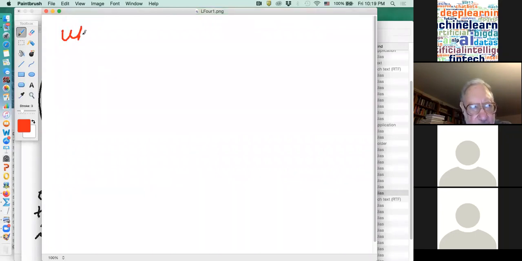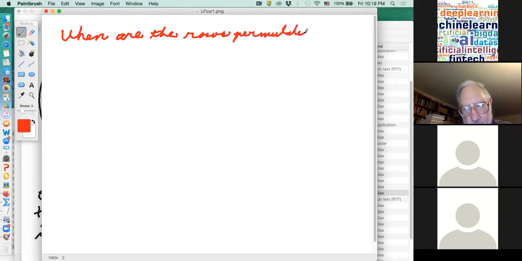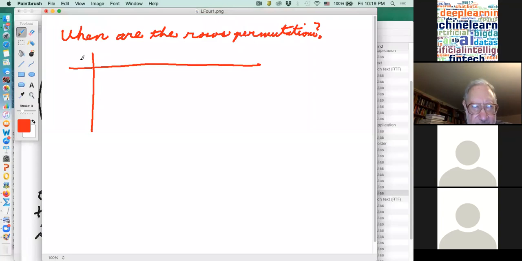So we have the following question. When are the rows permutations? We're thinking of a multiplication table. And we have the quandle elements, A1, A2, A3, and so on.